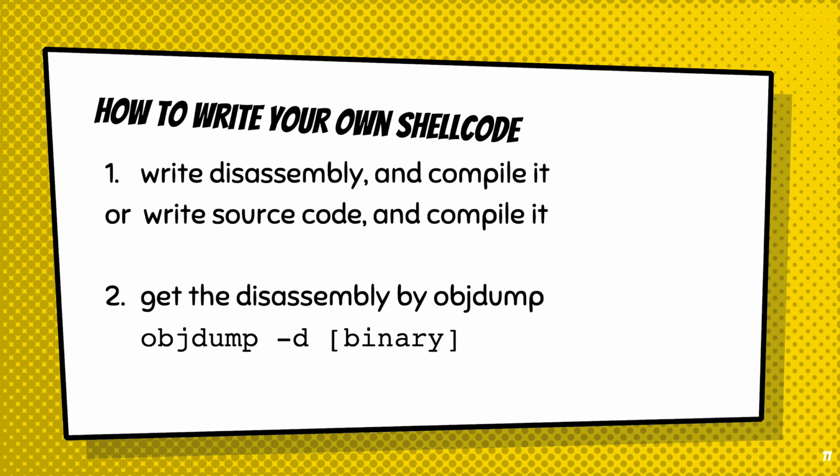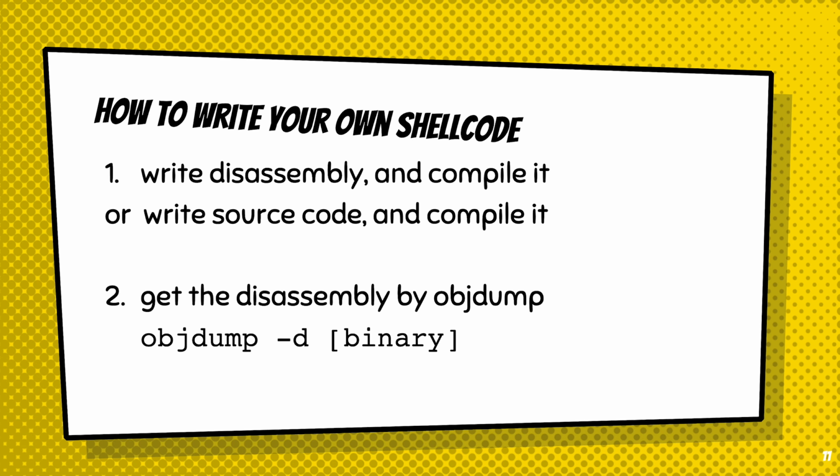And for either case, when you compile it, you can use GCC, and then after you compile it, you can get disassembly using objdump. So you can do objdump -d followed by the compiled binary, and you will be able to get disassembly and, more importantly, the bytecode.